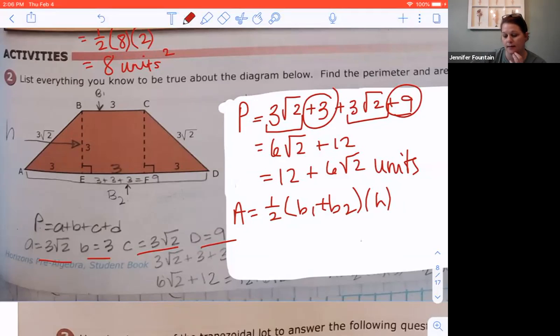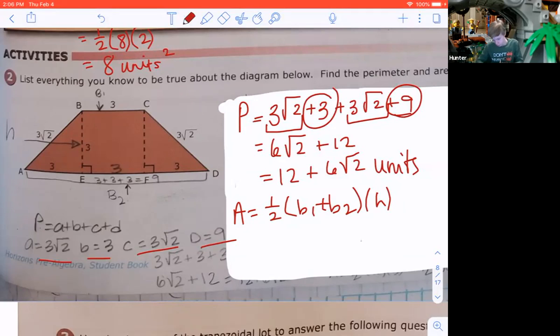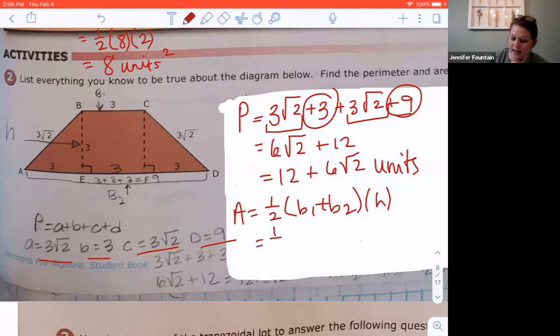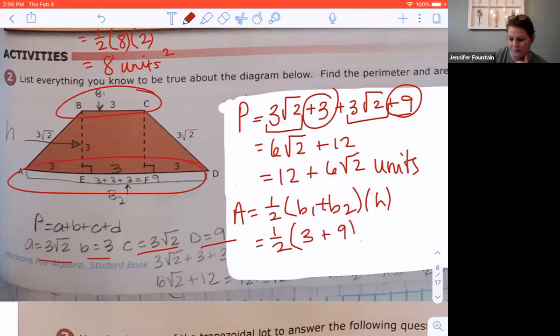Okay. All right, so here we've got 1/2 times. We said this base up here is 3. This base down here is 9. And then we said our height is 3. So now I have 1/2 times 3 plus 9 times 3.